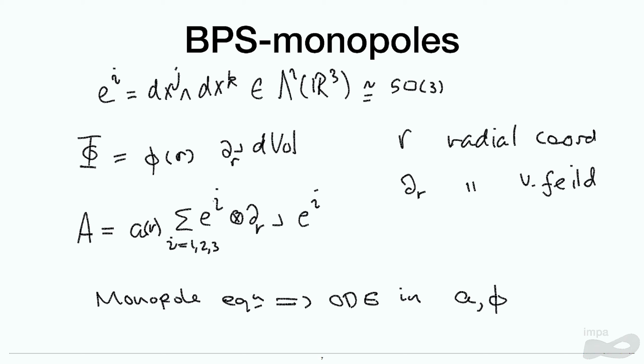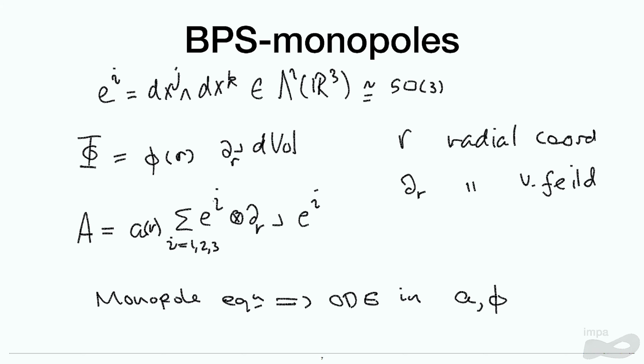So to cook up a connection form, what I have to do is a bit more involved. I'm going to pick a basis e_i, which is just dx_j wedge dx_k. These are the coordinate 2-forms, and ijk are cyclic permutations of 1, 2, and 3. So I pick a basis of my 2-forms on R3, and then I do the identity map from 2-forms to so(3).